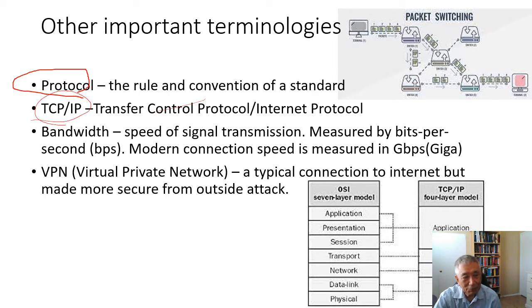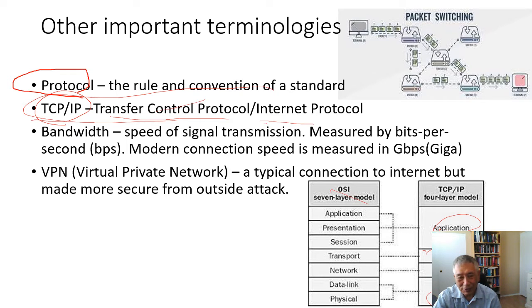Then TCP/IP, that's Transmission Control Protocol and Internet Protocol. This is the way the internet that you use day after day works. They are layered, like the application layer, transport, internet, and network layers.